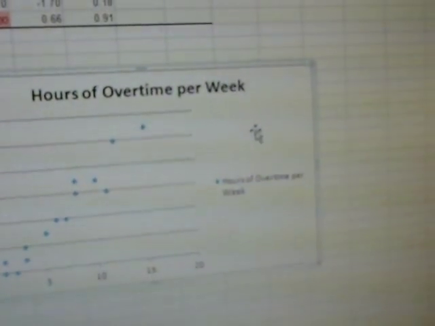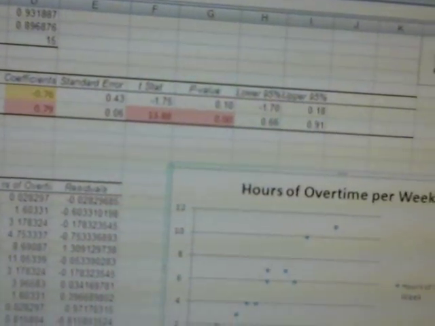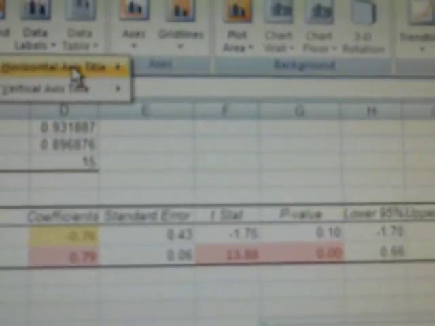Okay, we want to label it, so we're going to go to format chart area, layout. Okay, you go to layout, chart axis titles, primary horizontal title. So that's our x-axis. So that's going to be our PRP.